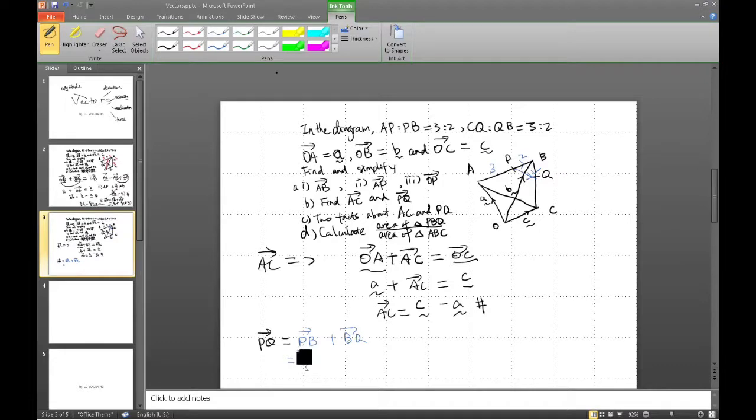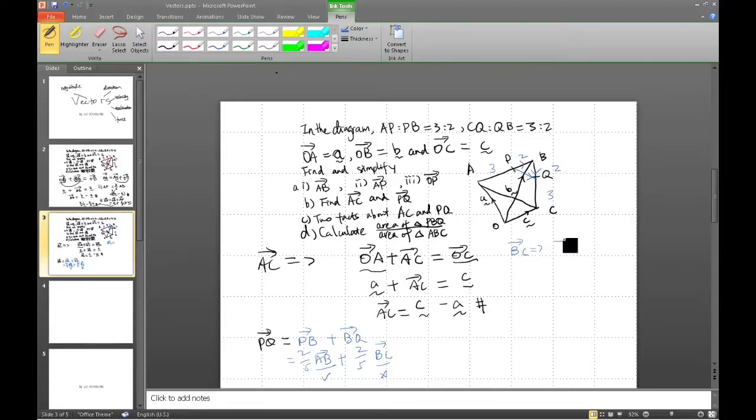PB is actually 2/5 of AB. How do we find BQ? BQ is actually 2/5 of BC. So our job is to find AB and BC. We have actually found AB in the previous slide. So we only need to find BC.